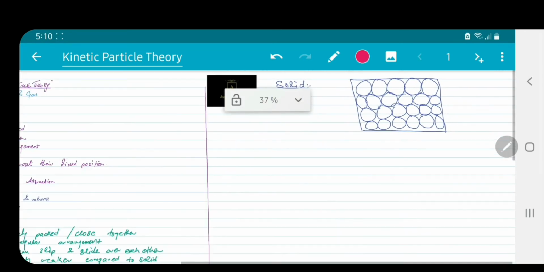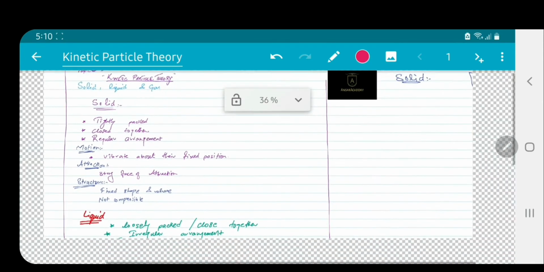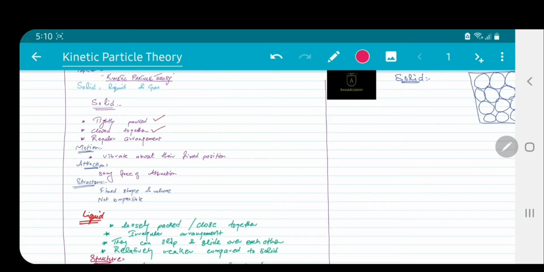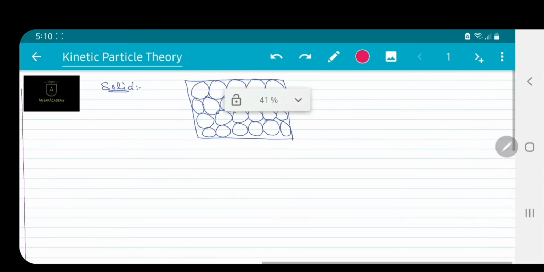As we have learned the different properties of a solid, that the particles are tightly packed, close together, with a regular arrangement, we apply these properties in order to draw the structure. As you can see, there is no space between the particles, and they have a regular arrangement and are equally spaced.